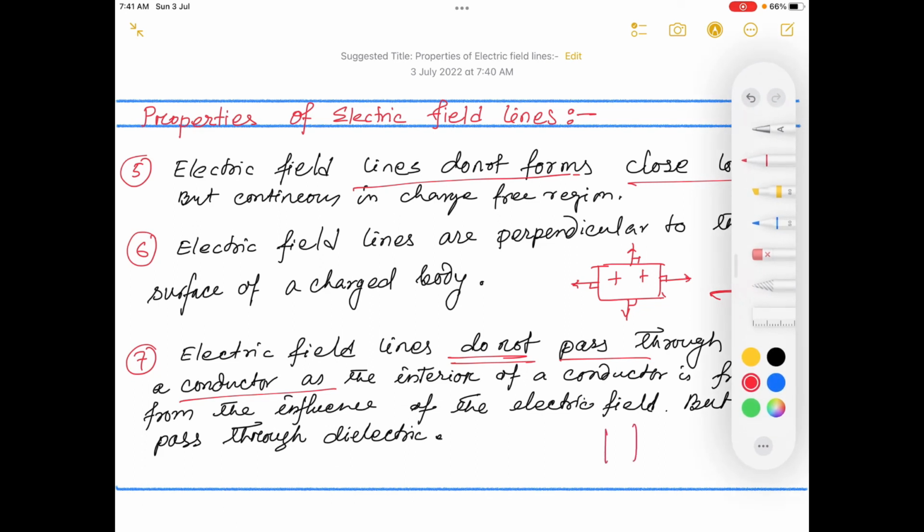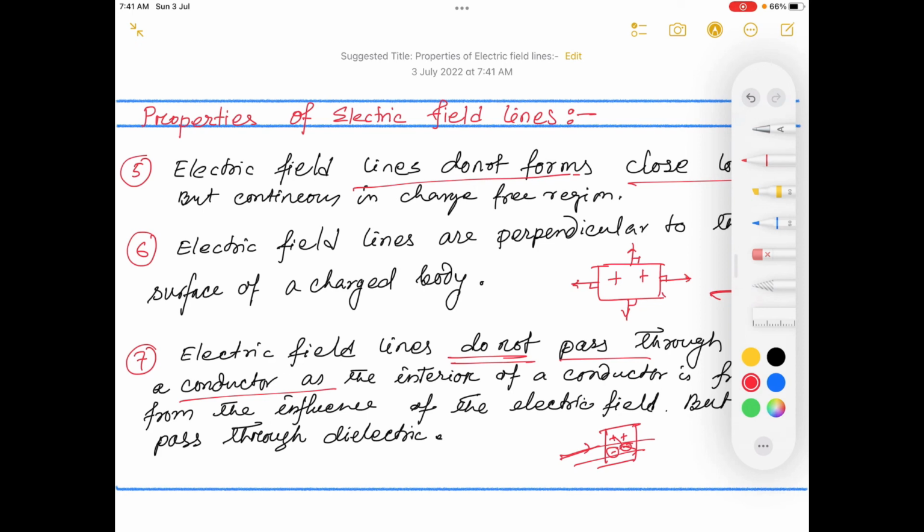Dielectric materials are those that are not conducting, but they can store charge within them. Through such materials electric field lines can pass. I hope you have understood.